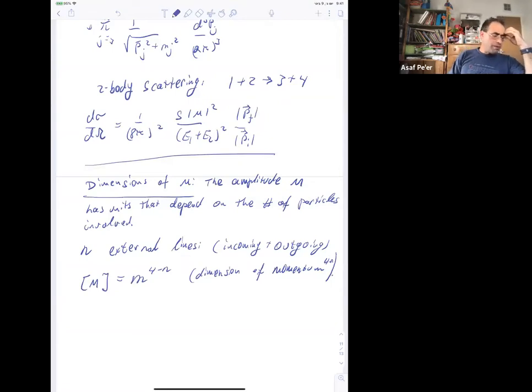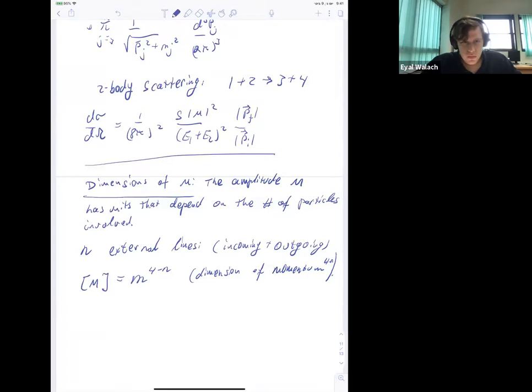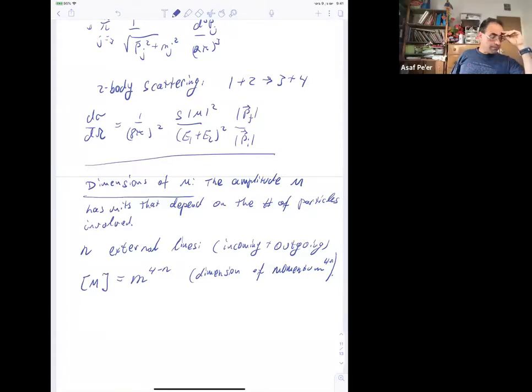So in a two-body scattering process, what's the dimension of M? It's dimensionless, right? But if we speak about the decay of a particle into two particles, what's the dimension of M?